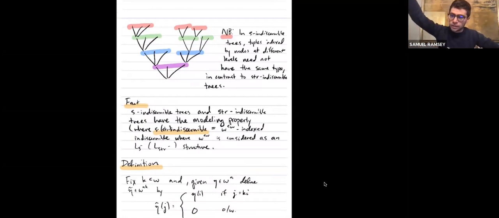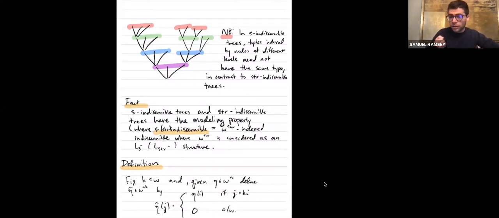Now, if things are at different levels in the S language, then if one is at level 6, part of its quantifier free type says P6 holds of me. And if something is at level 8, its quantifier free type will say P8 holds of me. So the quantifier free types of things at different levels are different, and the definition of indiscernibility doesn't say that they have to have the same type.